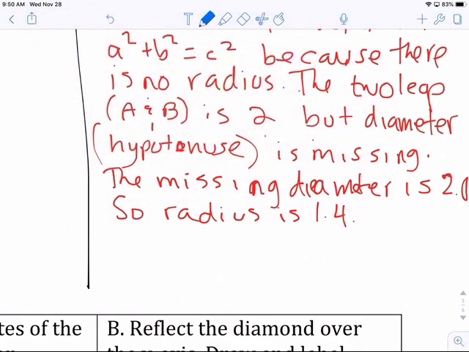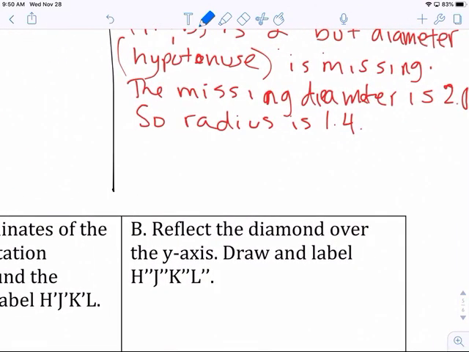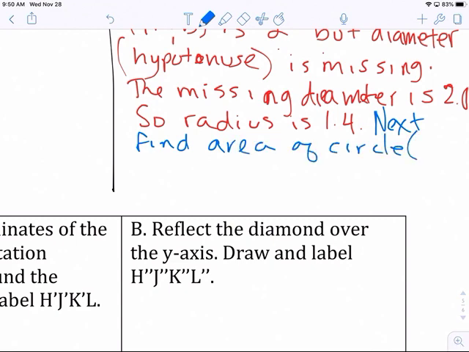Next we can find the area of the circle, pi r squared.